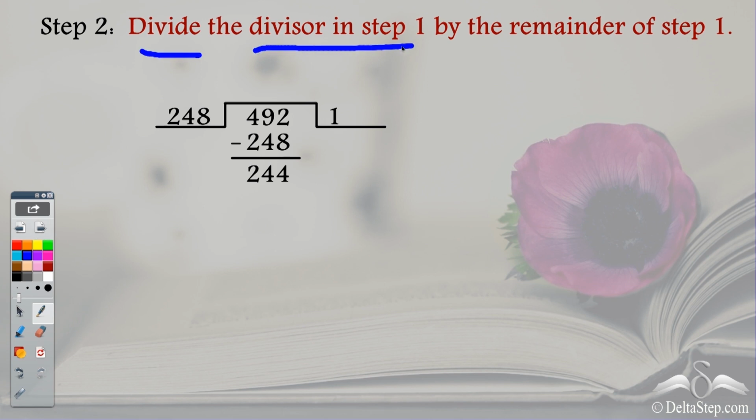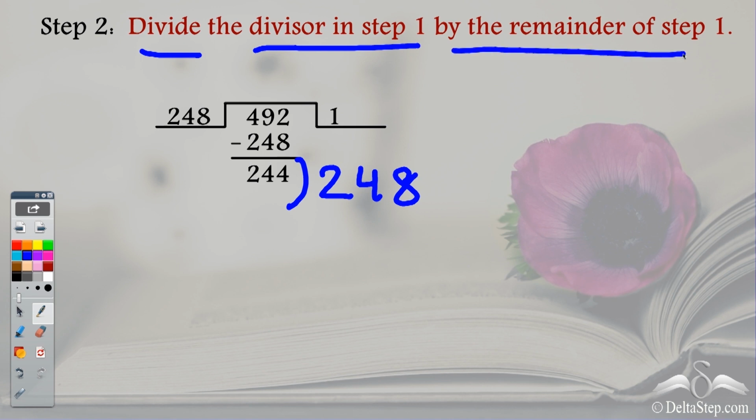What is step 2? Divide the divisor in step 1, which is 248, by the remainder of step 1, which is 244. So I divide 248 by 244. Very carefully understand this step. Firstly, the quotient, we don't have to do anything with the quotient.